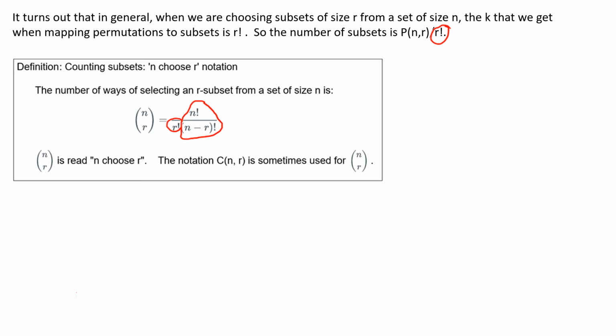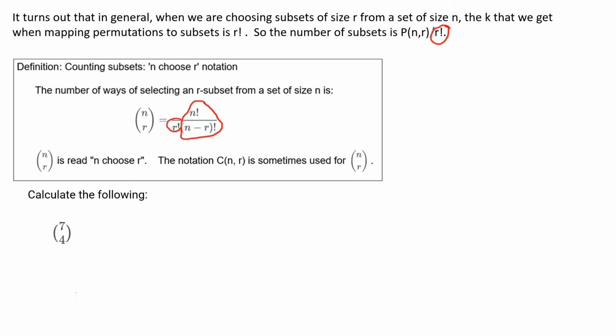And that is easier to type than the n and the r in those big parentheses. So what zyBooks will ask you to do, in some cases, is answer questions by using the capital C and then parentheses and then put the correct numbers in there. So that's how they'll like you to answer questions.